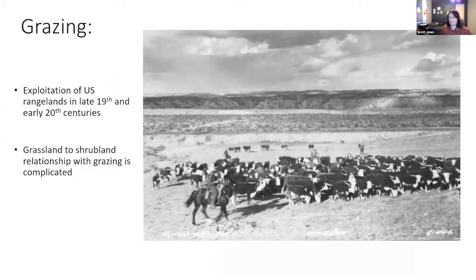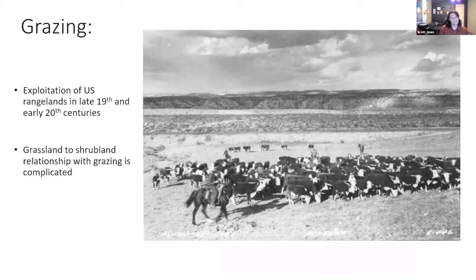So what about grazing? Well, grazing also plays a role in this whole story. As people moved west, they brought along grazing traditions that were usually done in the Great Plains and the eastern United States, which were more suitable for grazing large ungulates on the landscape.